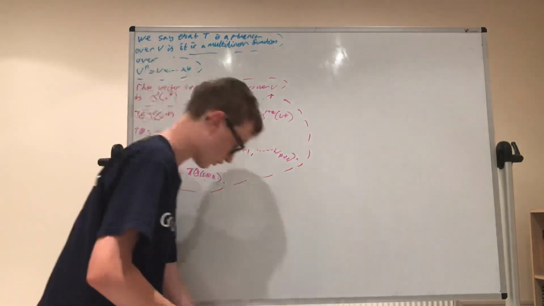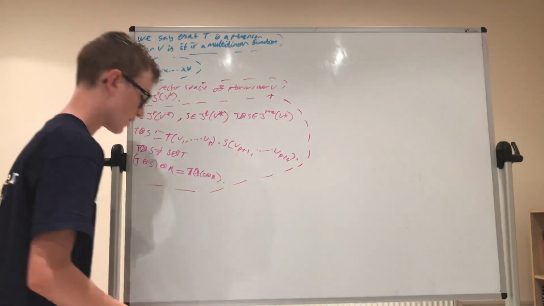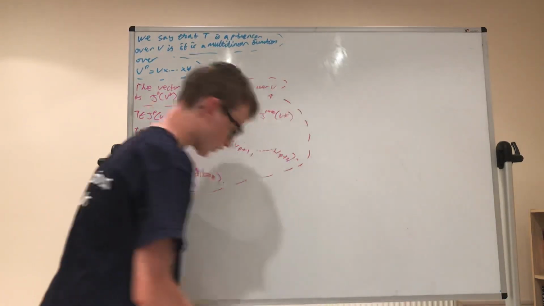Now let's move on. So there's a special type of tensor, and this is called an alternating p-tensor.